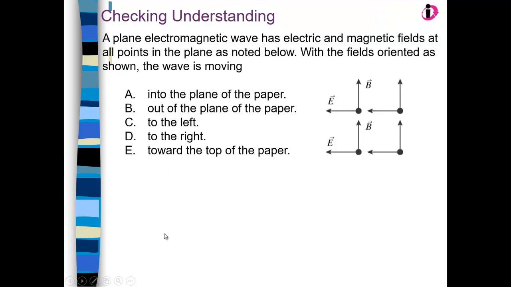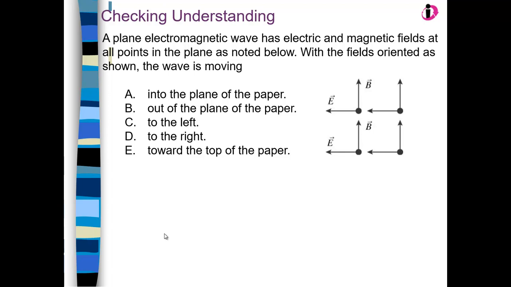So let's try an example. So remember, the electric field is your pointer, magnetic field is your middle finger, and the movement of the wave is your thumb.